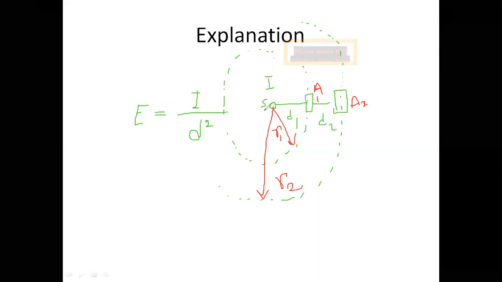With the same distance, you can see this is the flux density, luminous flux density, not magnetic flux density. Okay, you can see there is the luminous flux, which is distributed over here, it is theta. So this is the area.